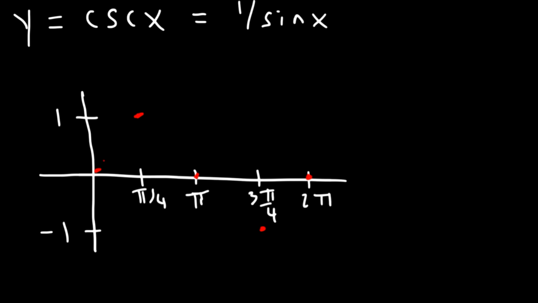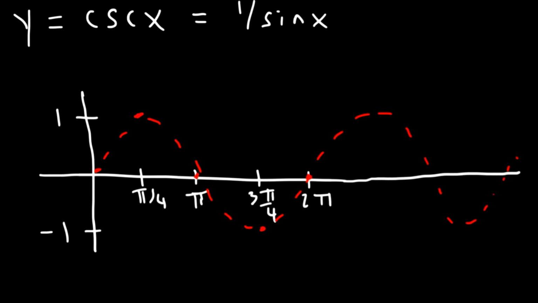Now what I'm going to do is draw a dashed line instead of a solid line. Now I'm going to continue the graph though. Everywhere the sine function touches the x-axis or the midline, you need to draw a vertical asymptote. So I'm going to indicate that in blue.